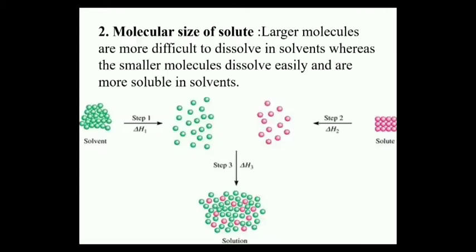So let us move on to the second factor of solubility, that is the molecular size of solute. This property we have already learnt in our junior classes: powdered substances are much easier to dissolve in a solvent compared to solid substances or crystals. So solutes which have larger molecules find it difficult to dissolve compared to smaller molecules, which are much easier to dissolve.